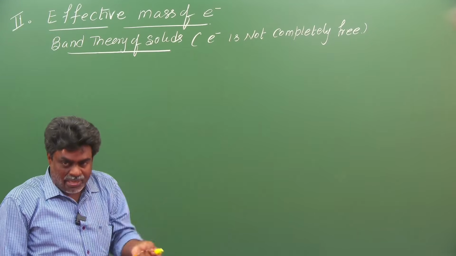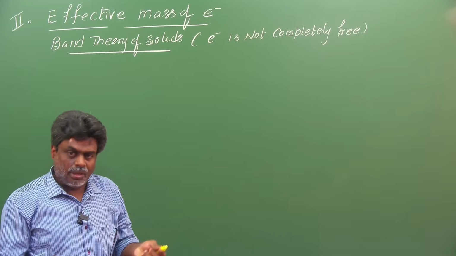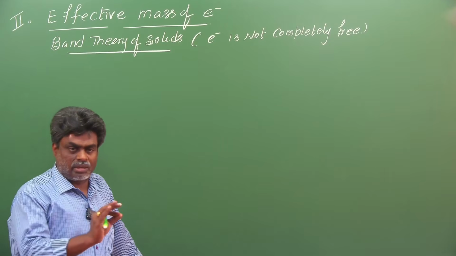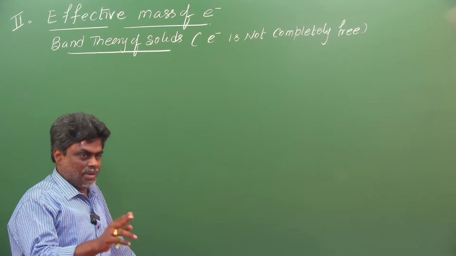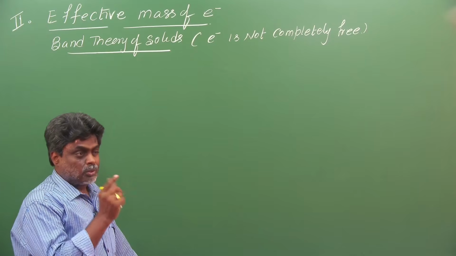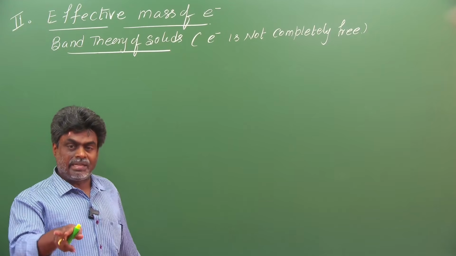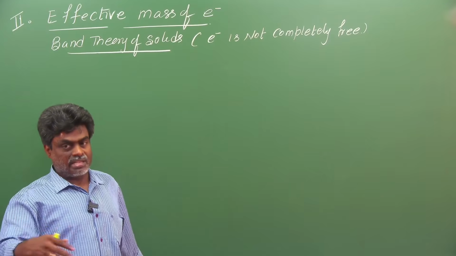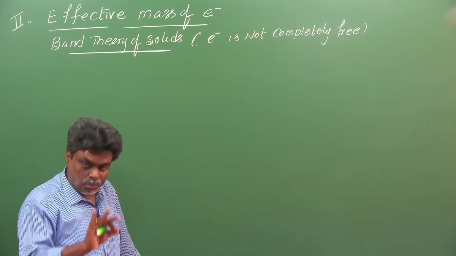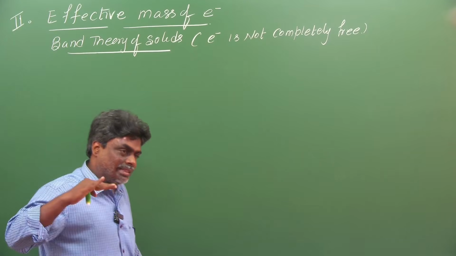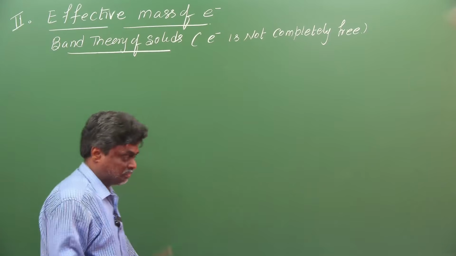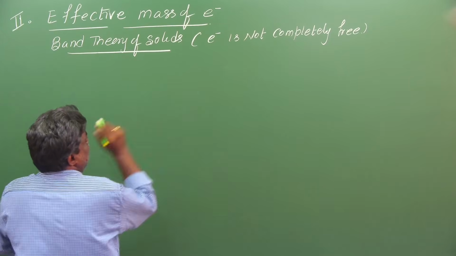According to de Broglie, you know the electron has both a wave nature and a particle nature. So if you are not treating it as a free electron, definitely its wave and particle nature will change due to the motion of the electron in the periodic potential. Wait. So this is the assumption we made.